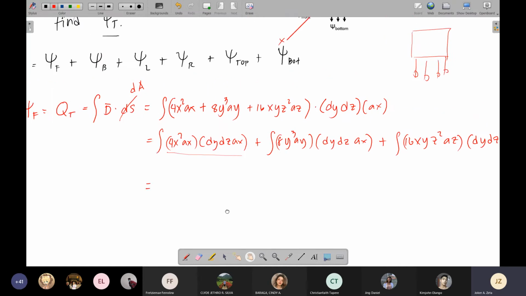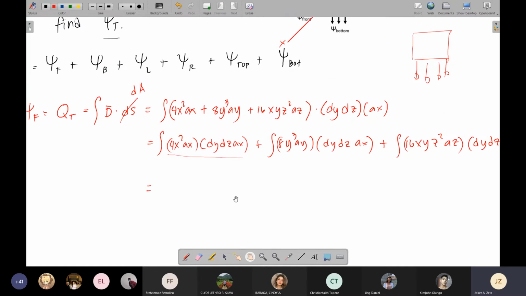Now, how do we multiply? As you can see here, this part is the magnitude and this part is the direction. Same with this one: dy dz is a magnitude, and your ax here is the direction.